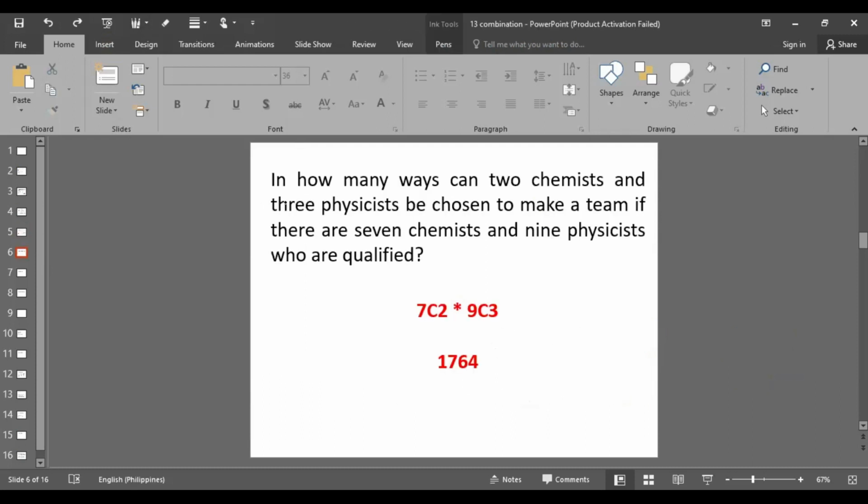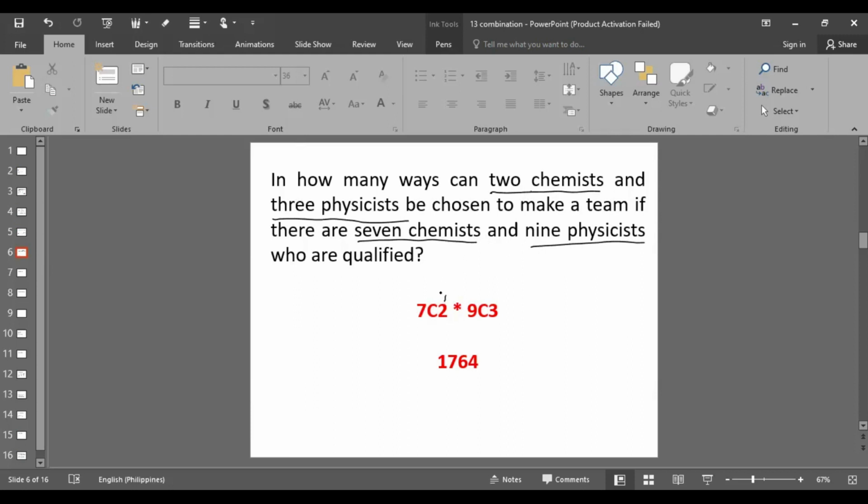Next, in this example, in how many ways can 2 chemists and 3 physicists be chosen to make a team if there are 7 chemists and 9 physicists who are qualified? So parang similar lang siya doon sa isang special case of permutations. It's just that in here, of course, we will use combination.